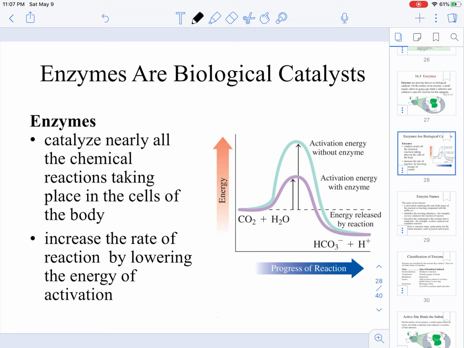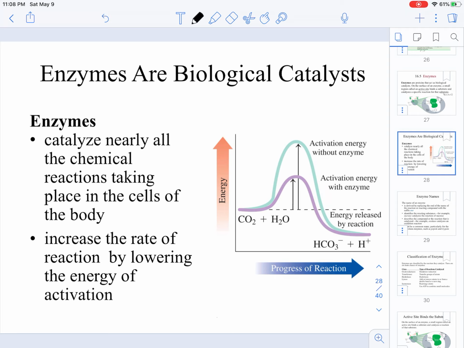They do that by increasing the rate of the reaction because they are able to lower the activation energy of the reaction. As we can see in the energy diagram on the right side of the slide, here we are plotting the potential energy for the reactants or substrates going into products.